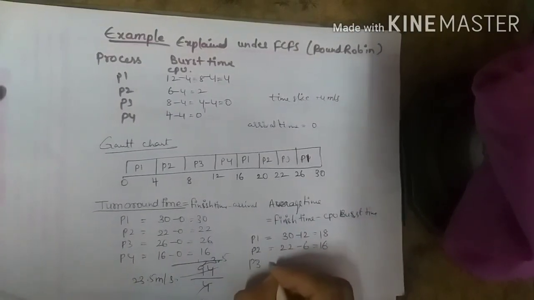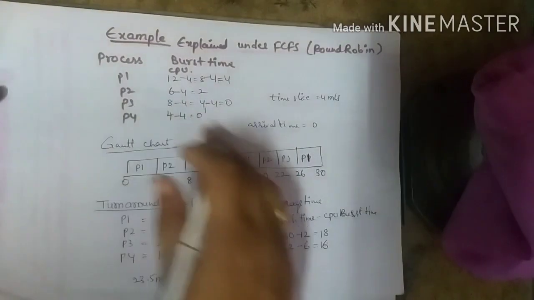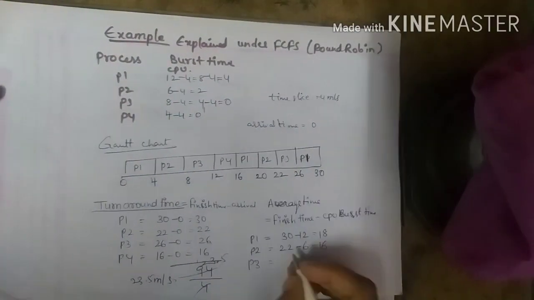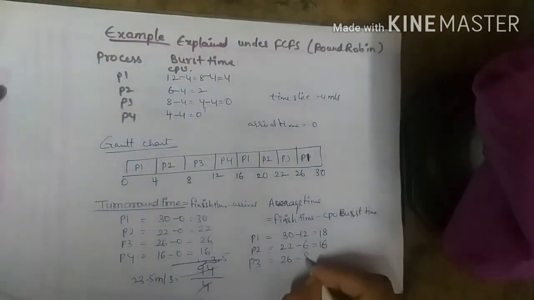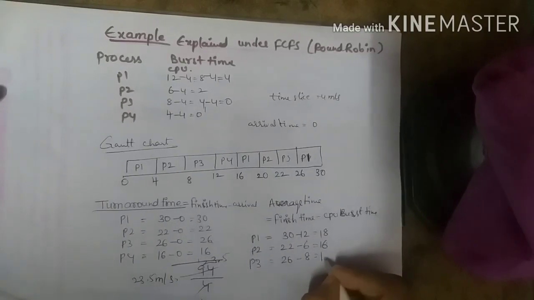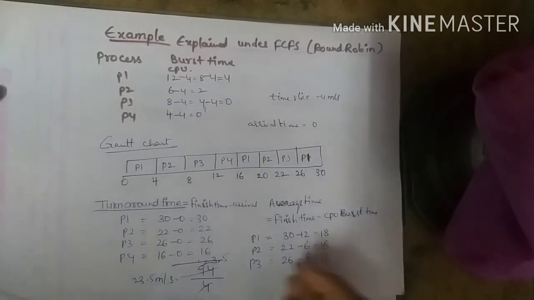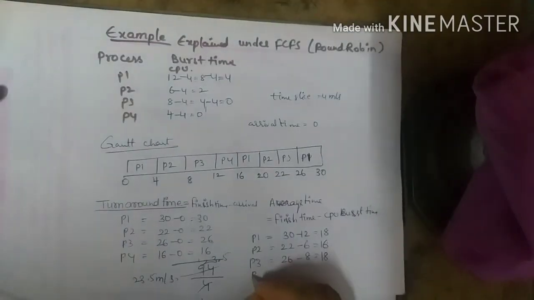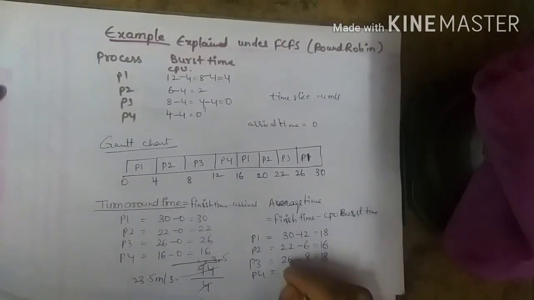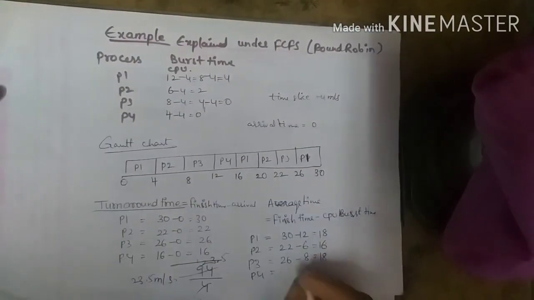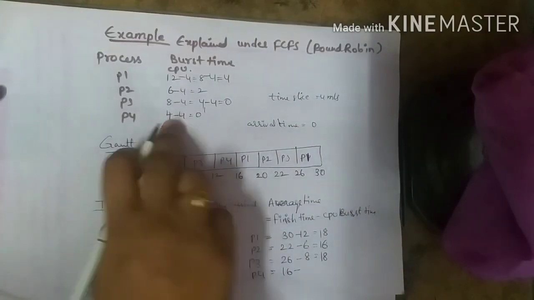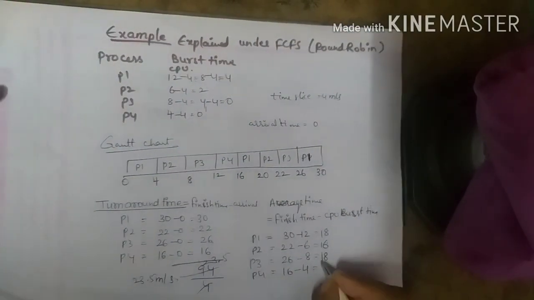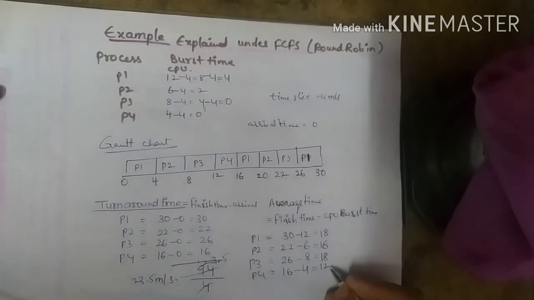Next, for P3, the finish time is 26 and the CPU burst time for P3 is 8. That is 18. Next, for P4, the finish time is 16 and the CPU burst time is 4. That is 12.